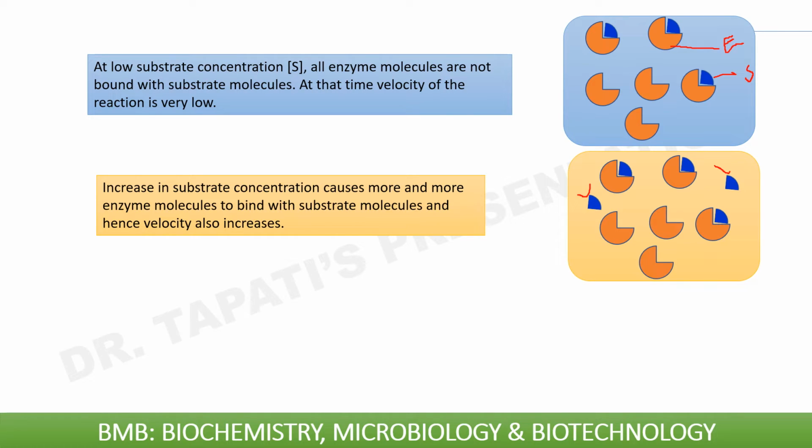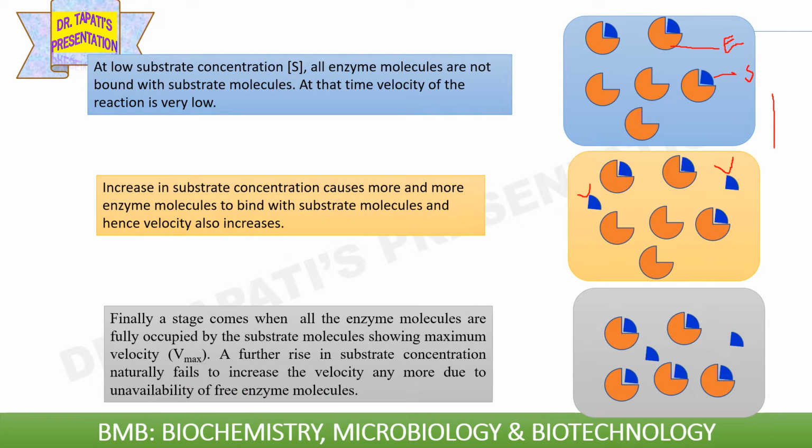In the second figure we can see 5 molecules. So the velocity of the enzymatic reaction will be higher than in the first figure, which is for initial or low substrate concentration.